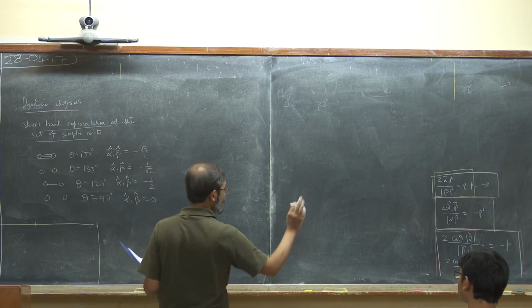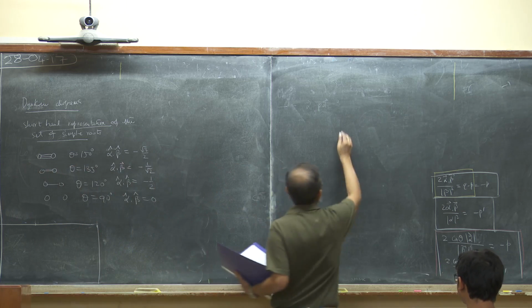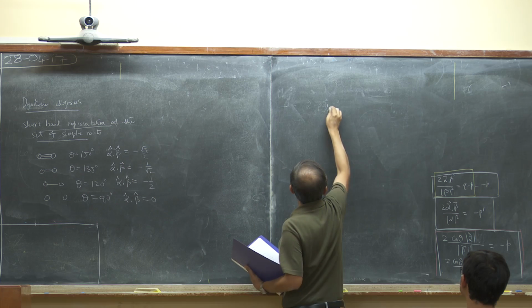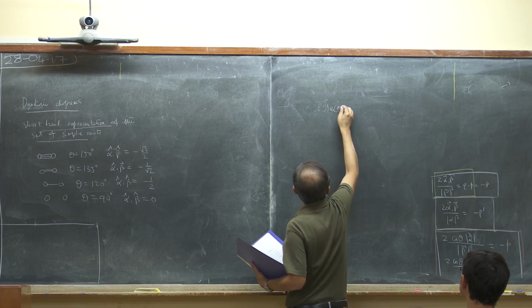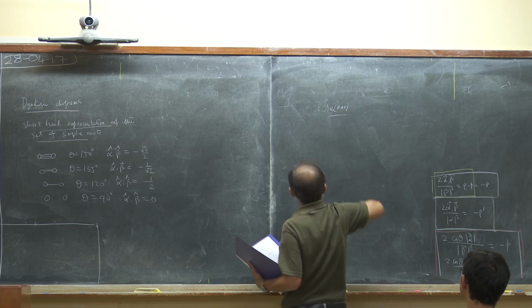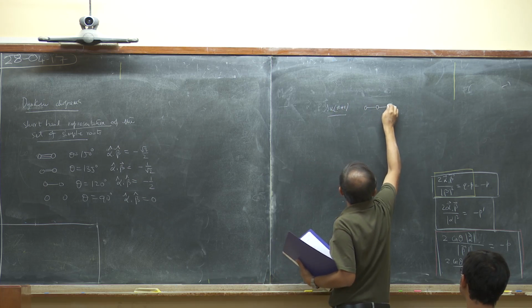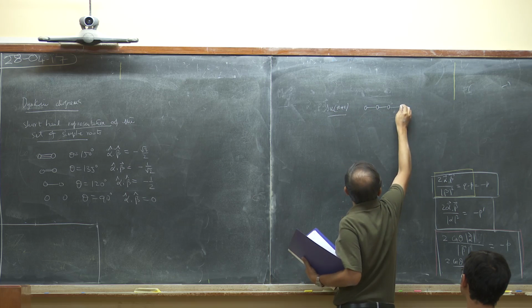So, let me first claim now that the various Lie algebras, like SU(N+1), are given by, so now watch what I am doing.